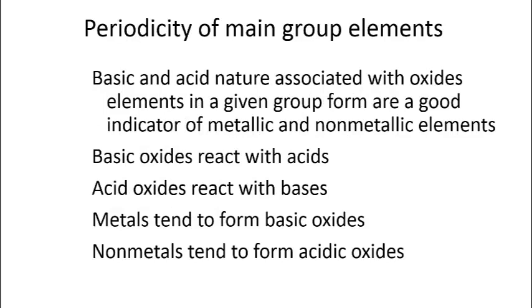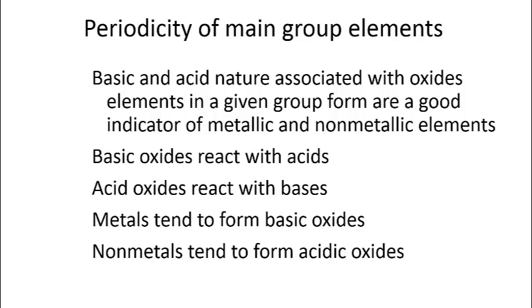Also, the basic and acidic nature associated with the oxides a given group of elements form is actually a pretty good indicator of the metallic or non-metallic nature of that group of elements. We characterize oxides as either acidic or basic, depending on how they react with acids and bases.